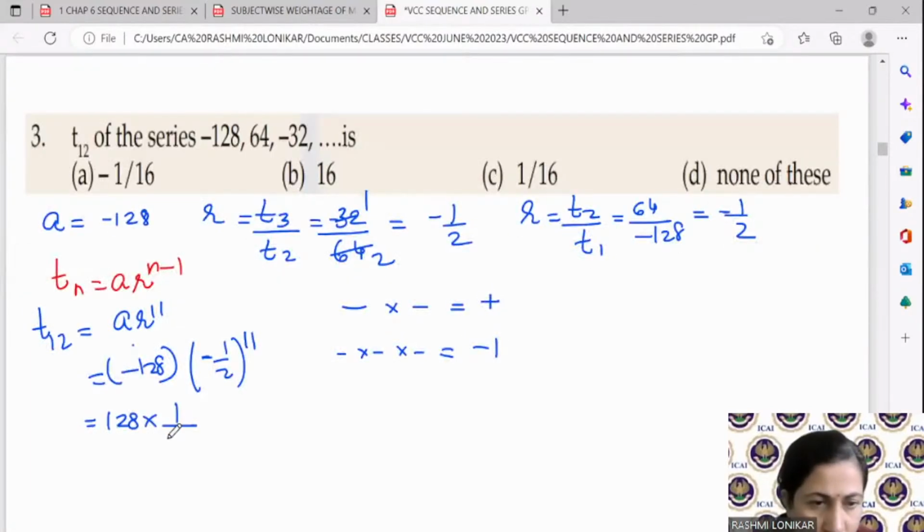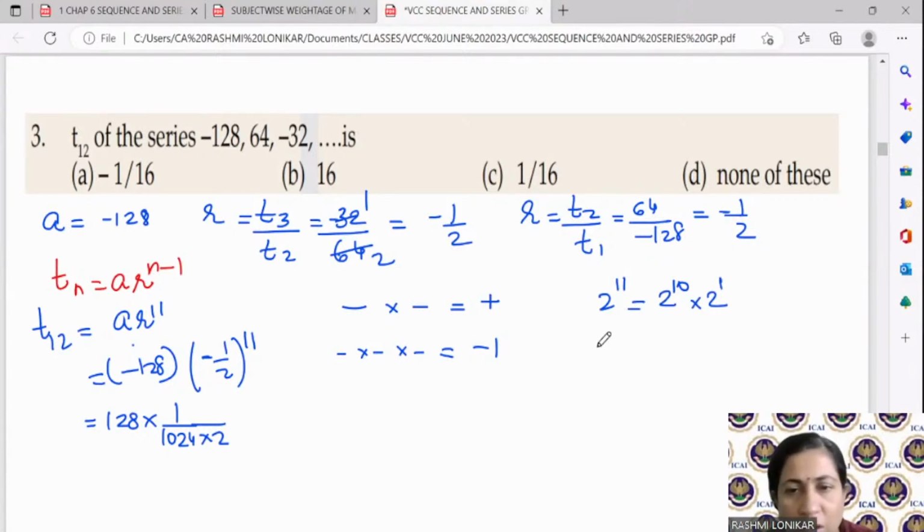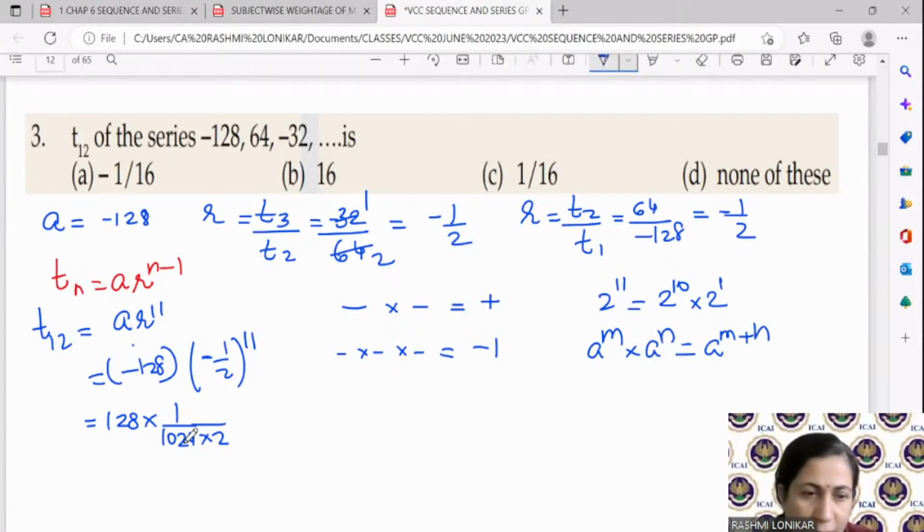So this is 1024 into 2. Remember the chapter on indices? 2 raised to 11 is nothing but 2 raised to 10 into 2, because this is 10 plus 1. A raised to m into a raised to n is equal to a raised to m plus n. So that is what I have used here.